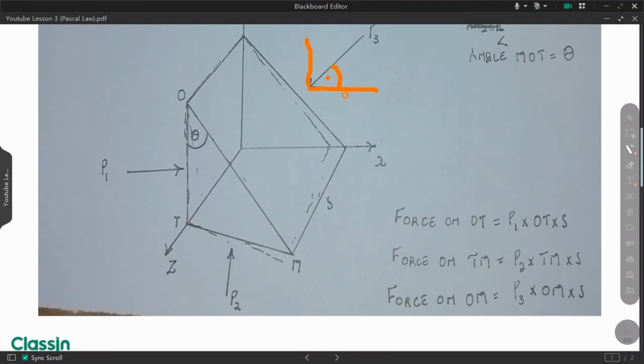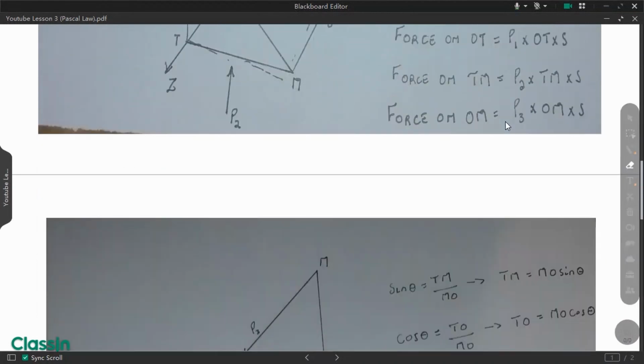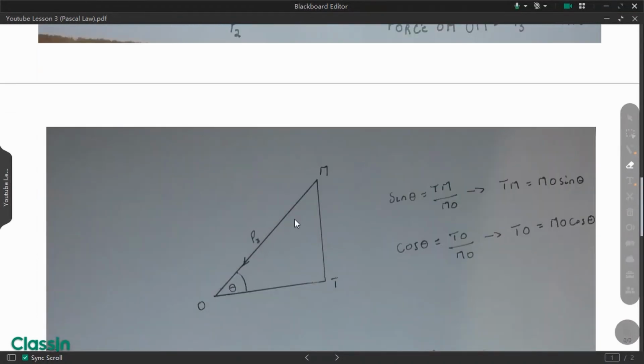So you're going to compute the vertical component, which is this one, and the horizontal component, which is this one. We'll deal with that later. I'm going to zoom in on that angle. So when you zoom in on that triangle, you've got the triangle MOT, right? So angle MOT is equal to theta, which is this angle.